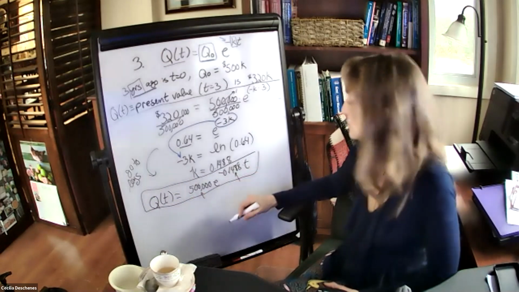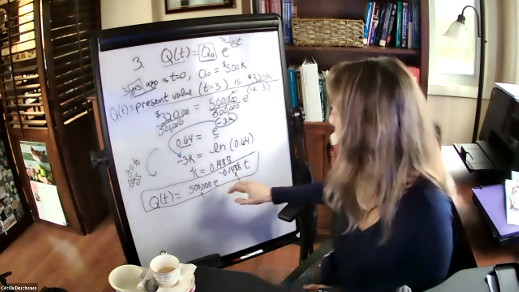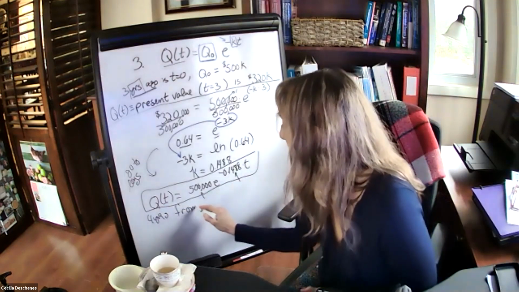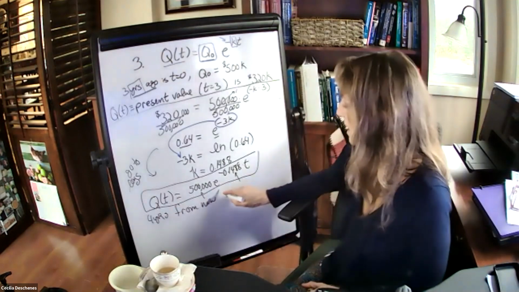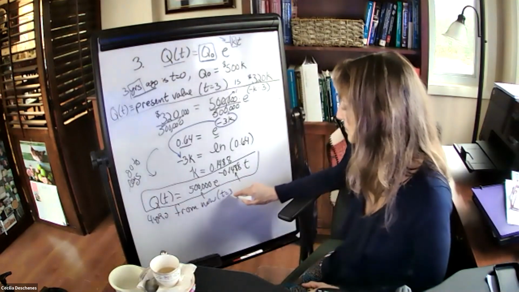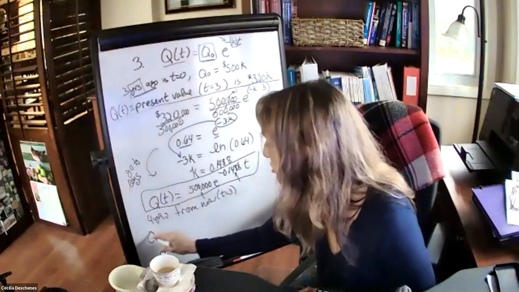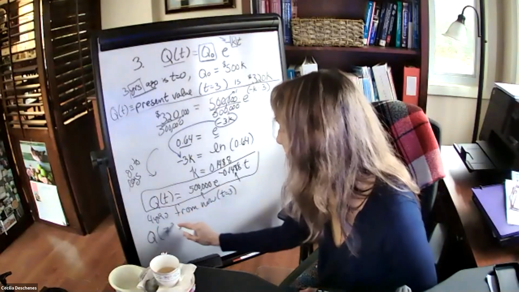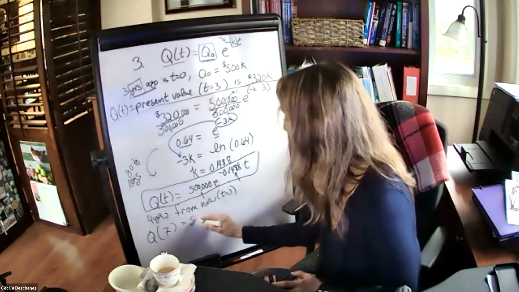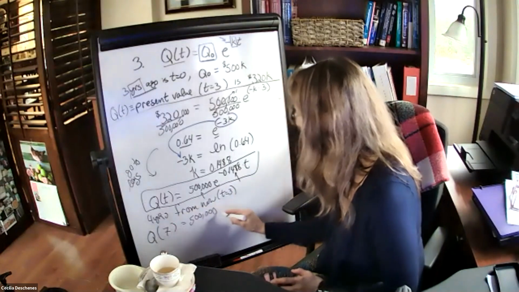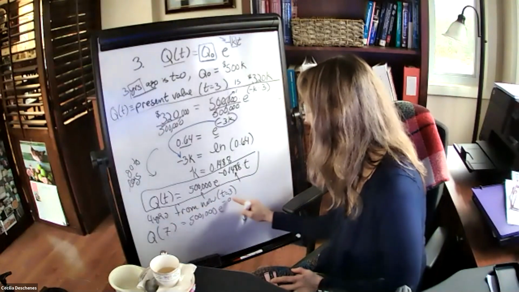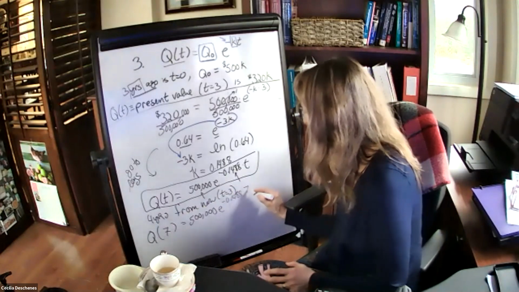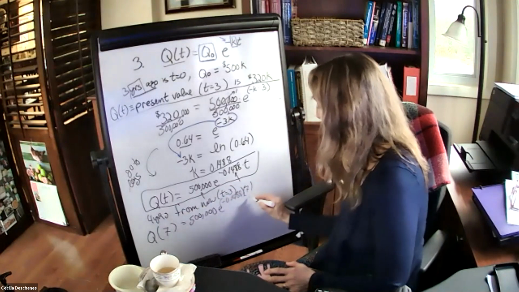We're asked in this problem, what will the value be 4 years from now of this piece of machinery? Well, 4 years from now. Remember, now was t equals 3. So 4 years from now is Q at 4 plus 3, or 7. So we're going to put this in: 500,000 e to the negative 0.1488 times 7, and that's in the exponent.